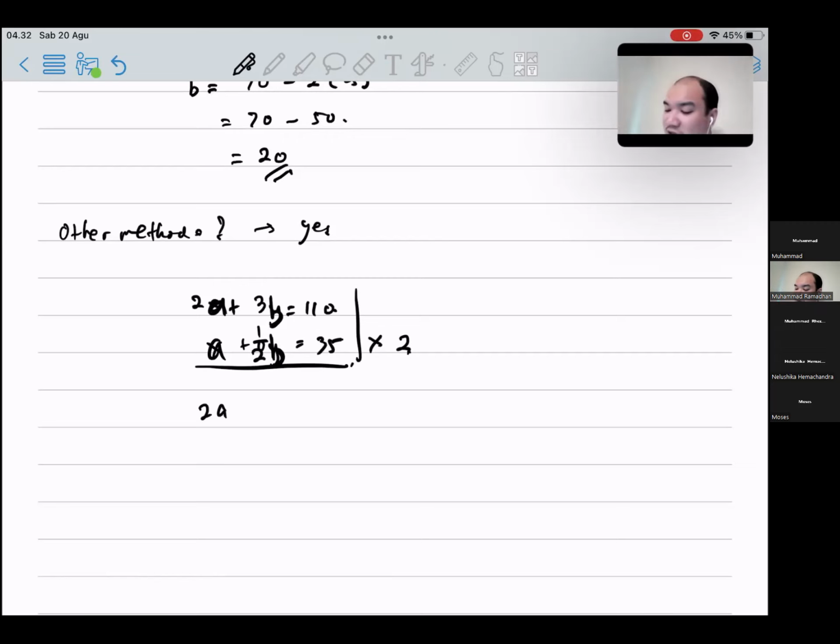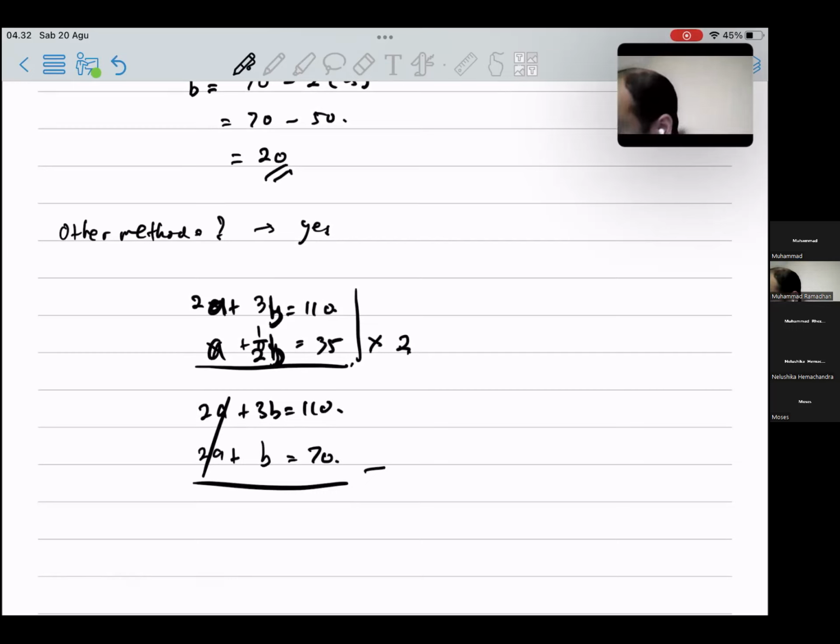So you have 2A plus 3B equal to 110, and then 2A plus B equal to 70. So you can delete 2A, and then 3B minus B is 2B, which is 40. So B is 20.